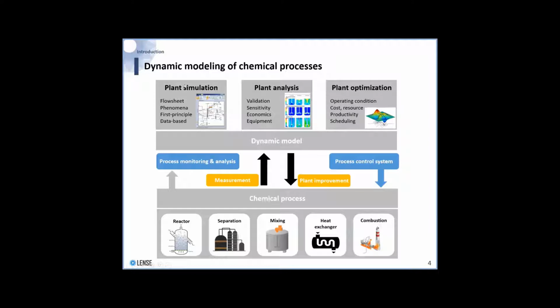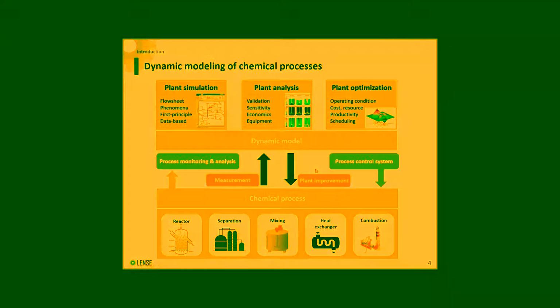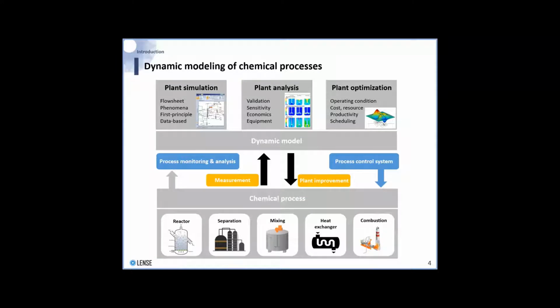You may want to estimate parameters, you may want to estimate disturbances that happen, and so on. And then using the model, you can suggest improvements in terms of design or in terms of actual operation, adjustments in the operating condition.